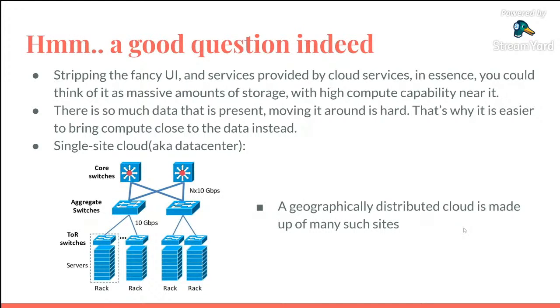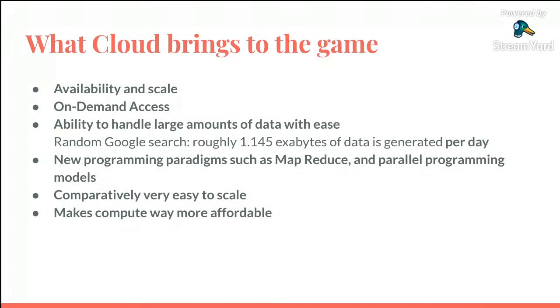So what does this exactly bring to the game? What is the benefit of doing all of this? It's mainly availability and scale. You can easily scale cloud. You can just add more servers and more racks as and when needed. You can handle large amounts of data because that's the aim of cloud.